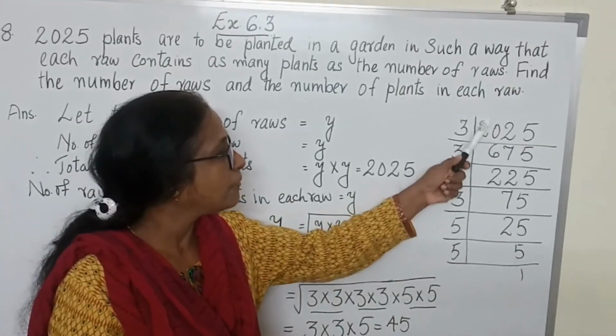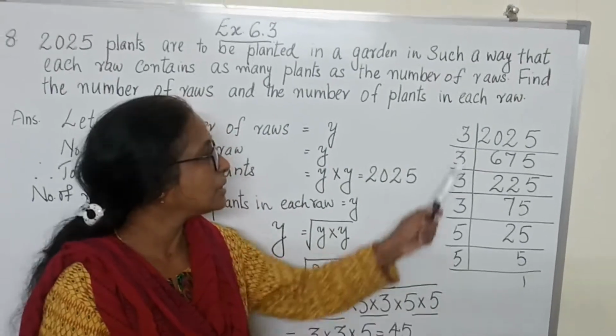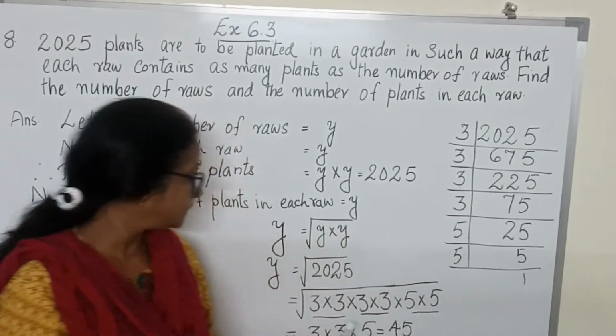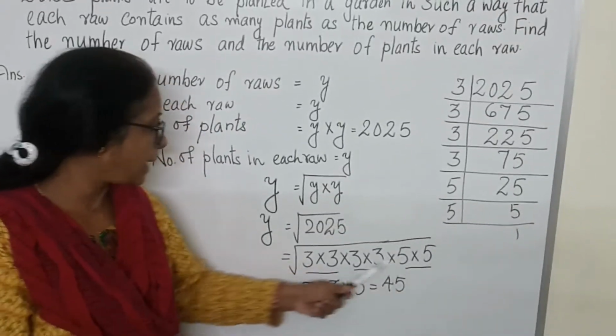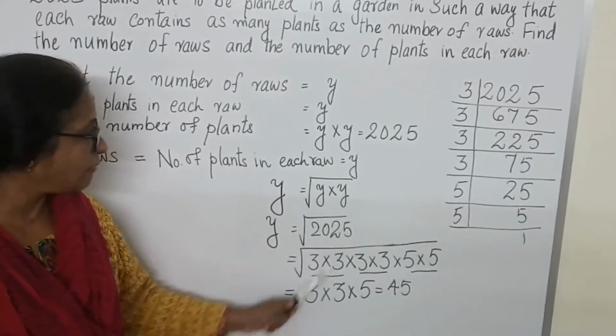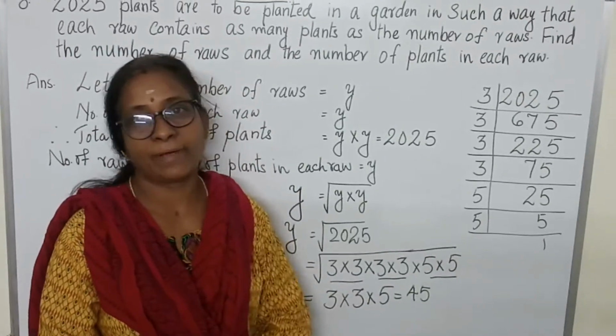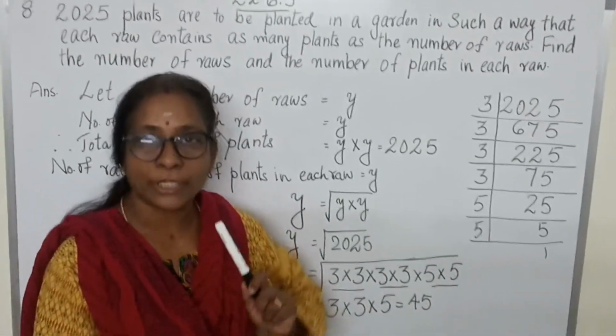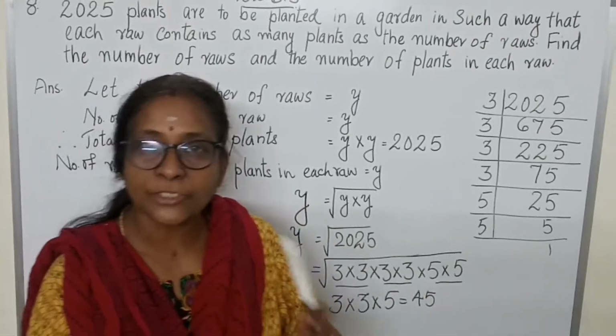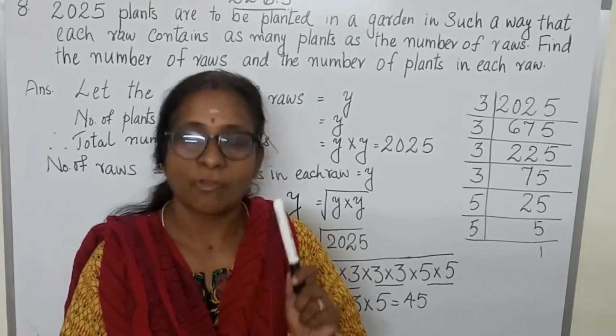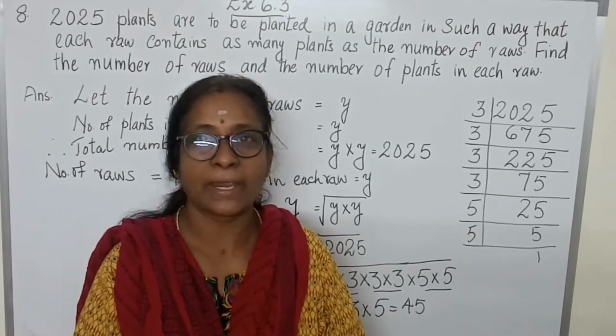First factorize it into prime factors. Now from each pair of factors, take one out and multiply them. So we got 45. That means there were 45 rows, and in each row there were 45 plants.